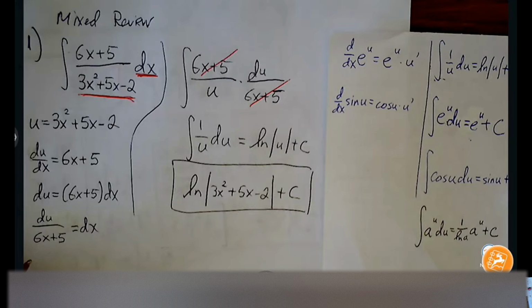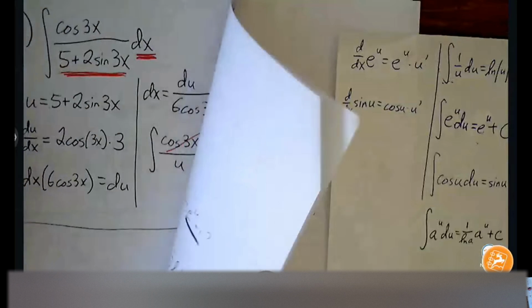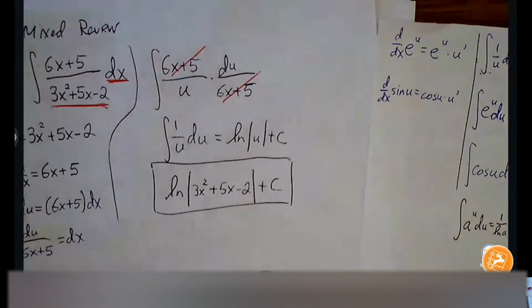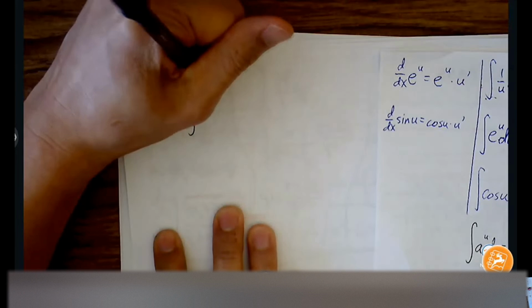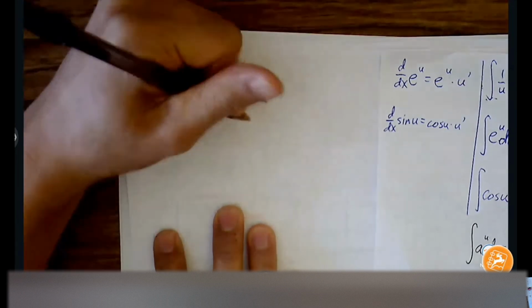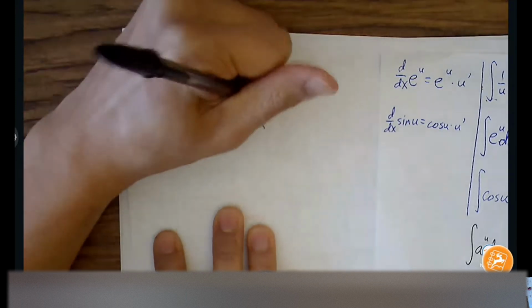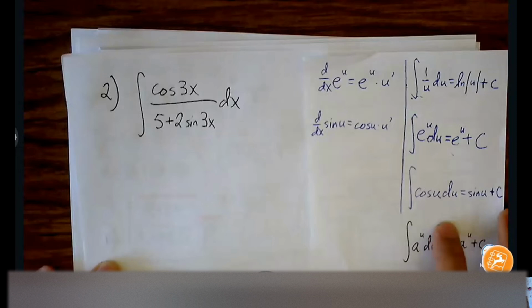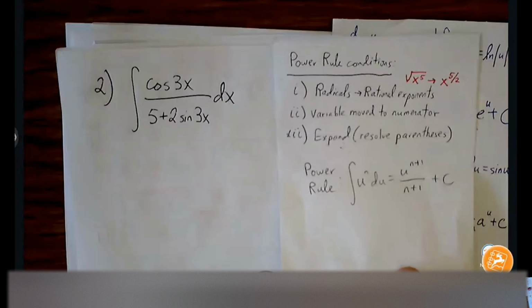All right, I have one more for us. Okay, let's do number 2, and then we'll end there. Number 2. First things first, can I rearrange any of the terms?